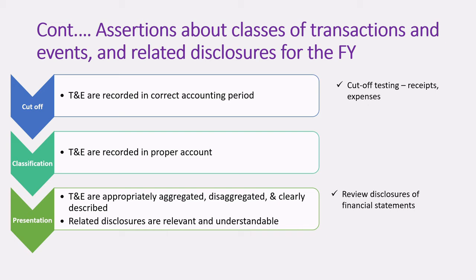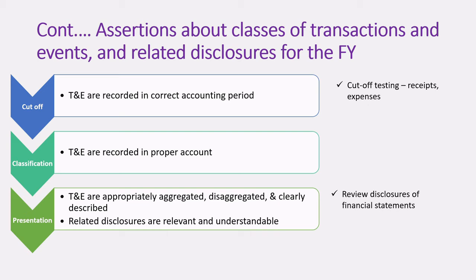Next assertion is presentation. So you might have seen at the end of each accounting standard, they give a list of disclosures relating to that particular accounting standard. So when a company claims that their financial statements are in accordance with the accounting standard, they have to adhere to these disclosure requirements as well.